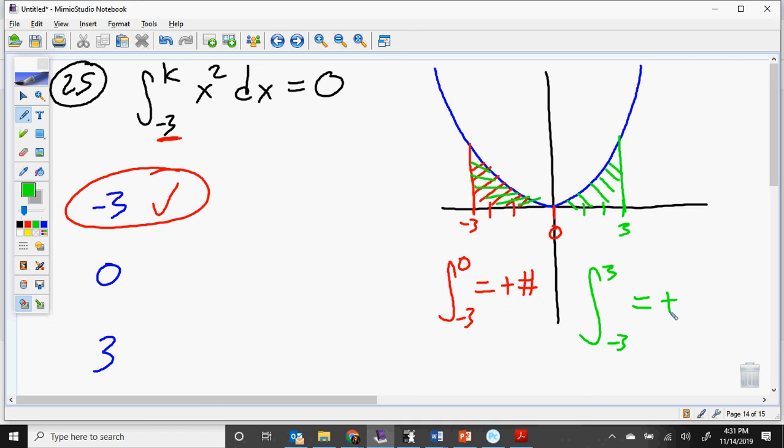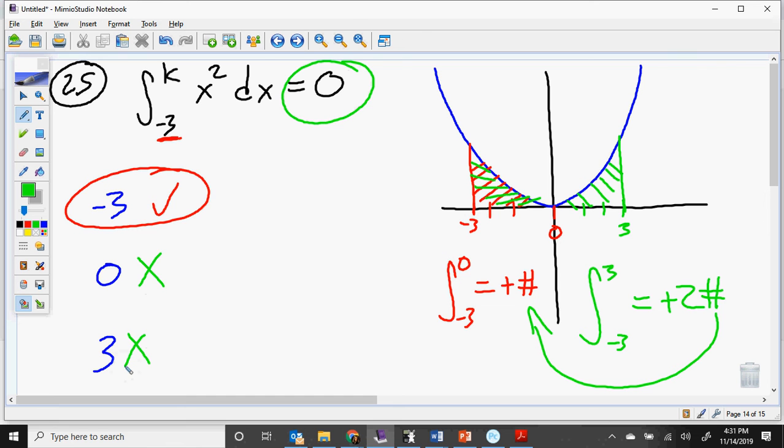In fact, I would get exactly double whatever number I got in this one. But either way, I get a positive number, not 0. So nope to those two. So negative 3 is the only value I could plug in for k that would make that particular integral equal 0. So answer choice is A.